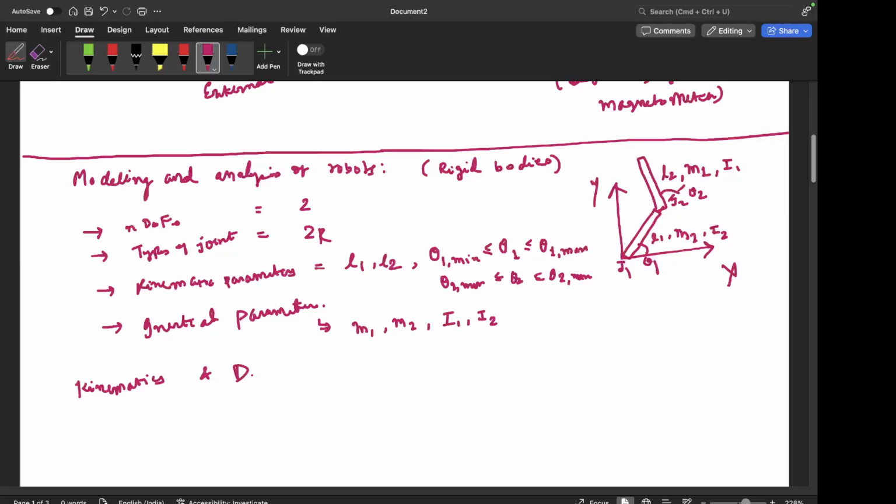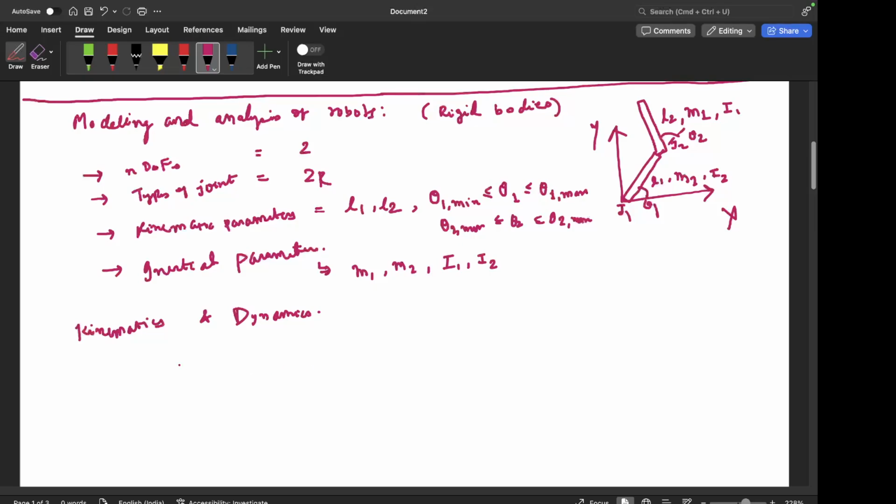Now the two common things which we do for any robot are kinematics and dynamics. So what is kinematics? Kinematics is the study of robots' motion. And dynamics is the study of the cause of the motion, or motion while also understanding the cause of the motion.